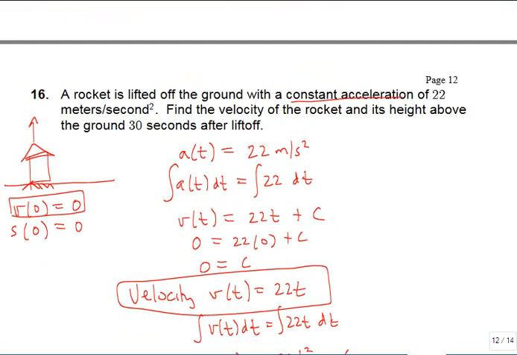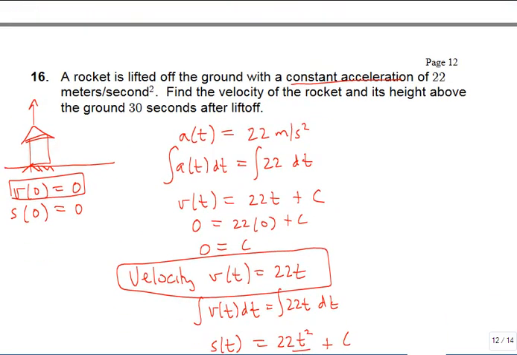So now we can answer our question. It says, find the velocity and height when the rocket is above the ground 30 seconds after liftoff. So all we need to do is plug in that 30 seconds for our time. The velocity at 30 seconds will just be 22 times 30, which is 660.